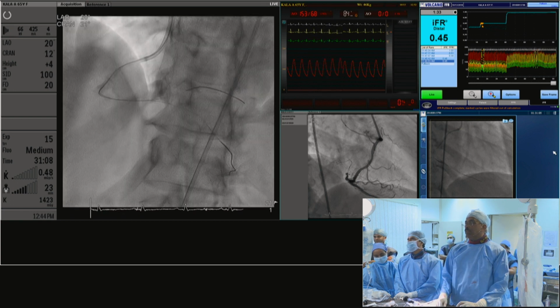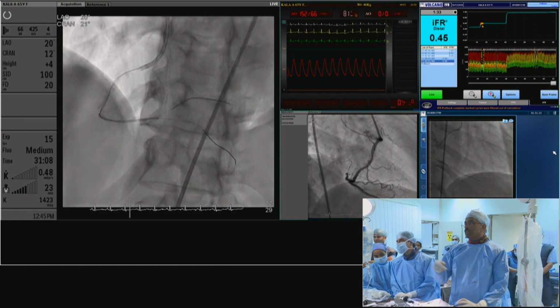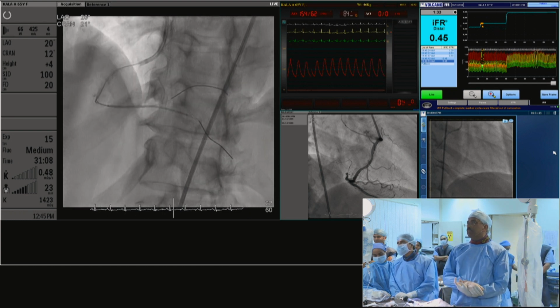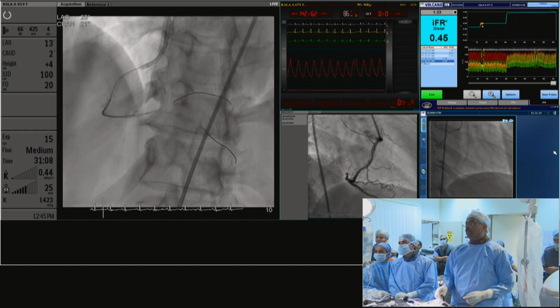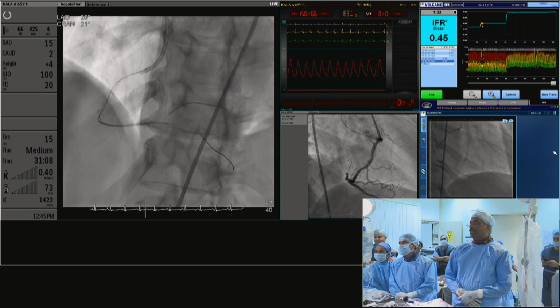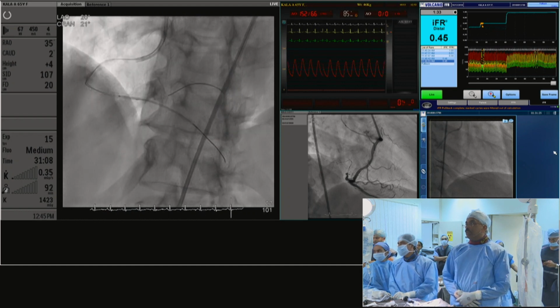So show that, please. So that's the Synergy, just run it. You can see the Synergy tracking down nicely there, and then we pull back the second wire in the PLV next shot.